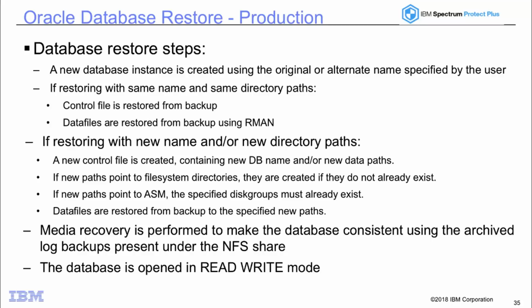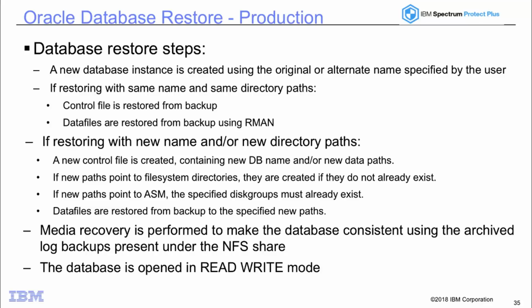If you're restoring with a new name or new directory paths, a new control file is going to be created containing the new DB and new paths. The new paths will point to file system directories, which are created if they don't already exist. If the new paths point to automatic storage management, the specified disk groups must already exist if you are using ASM. And the data files are restored from the backup to the specified new paths.